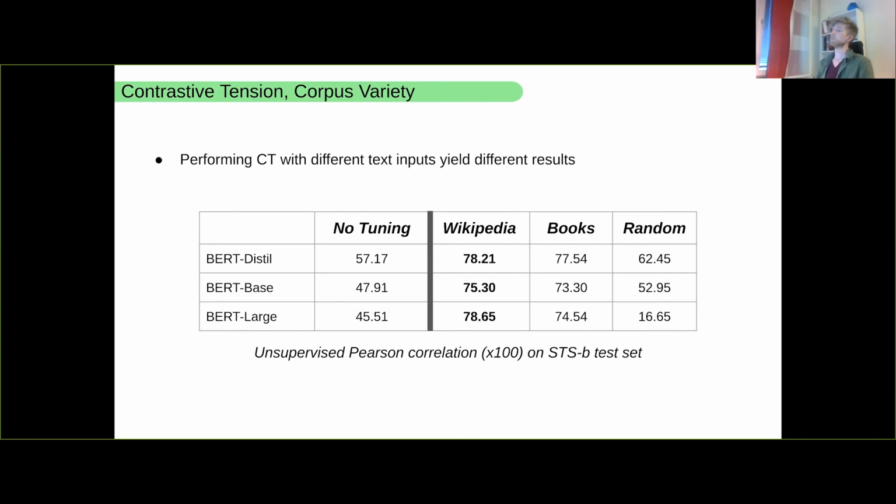Moving on, the final thing we did for CT was that we tried a bunch of different corpora to see if they yield different results. We found that Wikipedia worked the best out of the three that we tried. The difference between these three corpora is that Wikipedia, you all know.